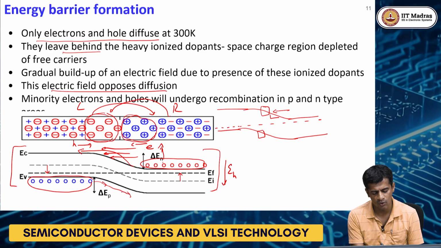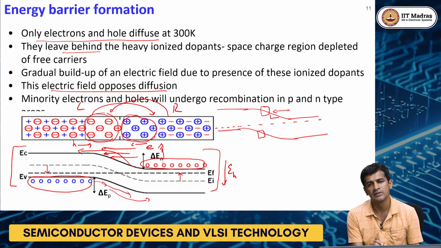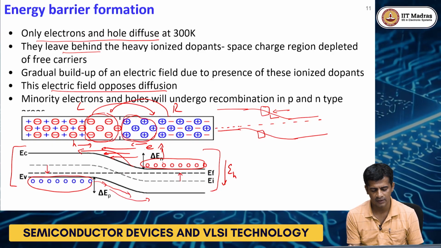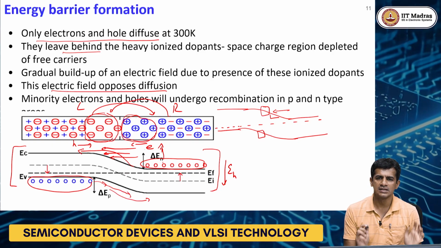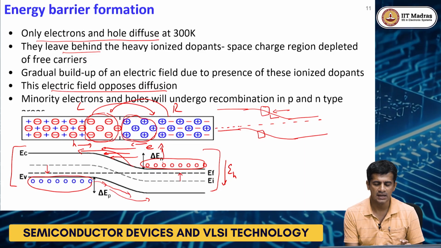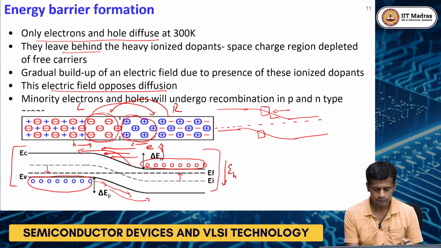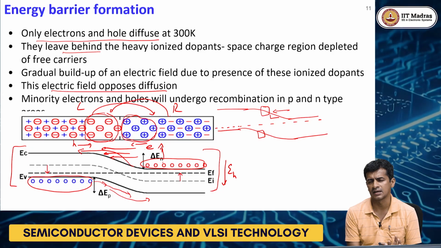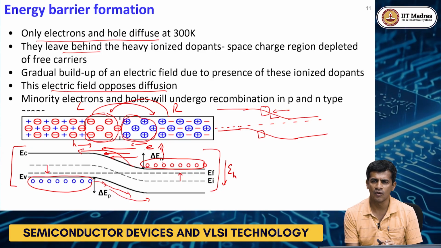The same thing happens here, holes cannot flow in this direction because there is an energy barrier for holes. So this is the situation under equilibrium, and this is the energy band diagram under equilibrium. It is very important to understand how this energy band diagram is formed.